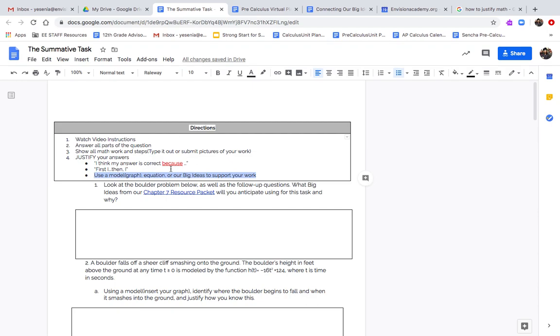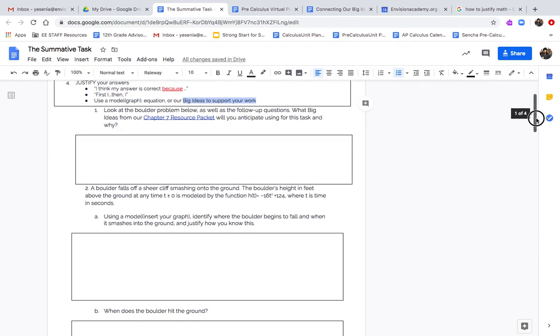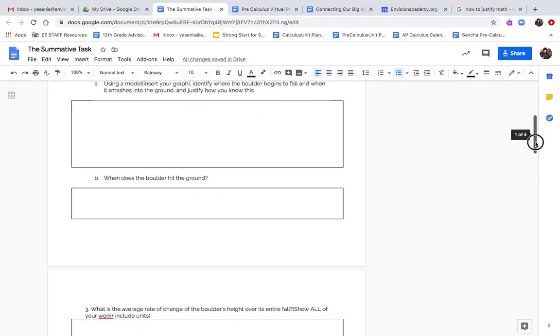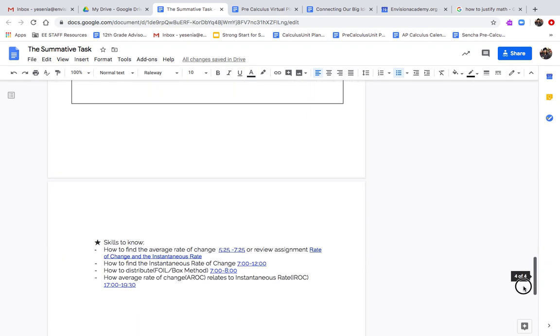You can even go back to the equation. What parts in your equation support your answer? And I would definitely love you to support your answers using the big ideas packet as well. So this is just some instructions of what you need to do to make sure that you fill this out properly. Let me know if you have any questions and good luck on this.